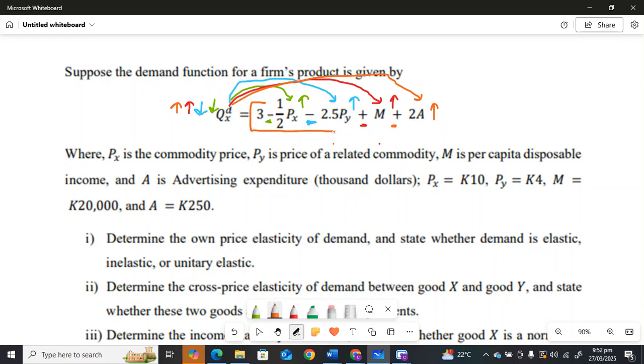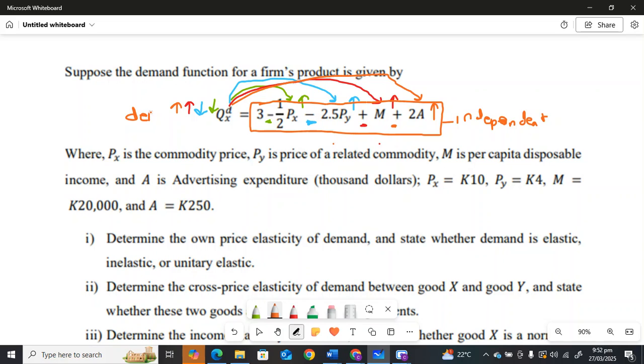So these variables on the right, these are the independent variables. And quantity demanded is the dependent variable.